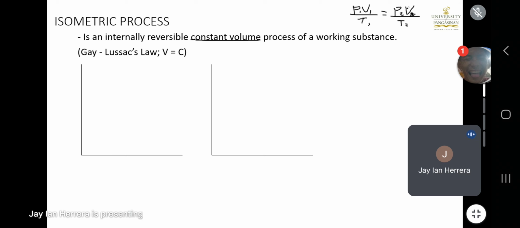Cross-multiplying, since they are the same value, we can omit them, giving us Gay-Lussac's law: P1 over T1 equals P2 over T2.